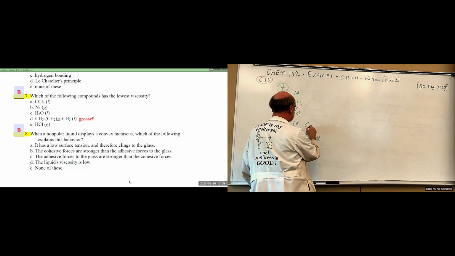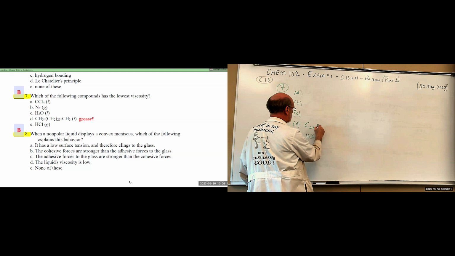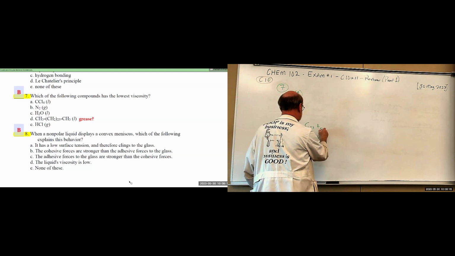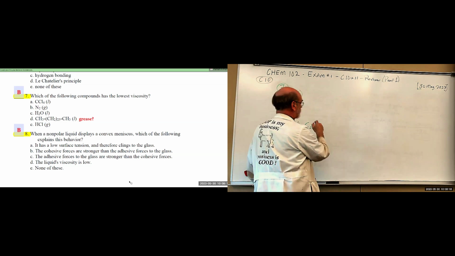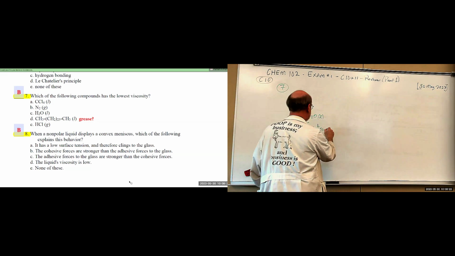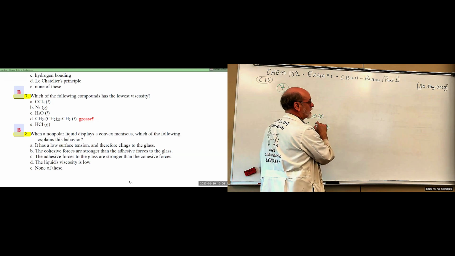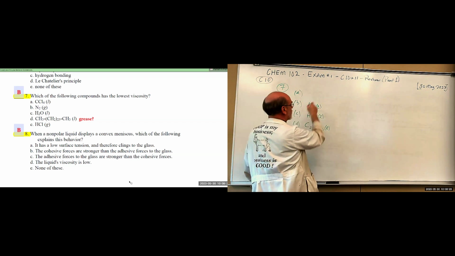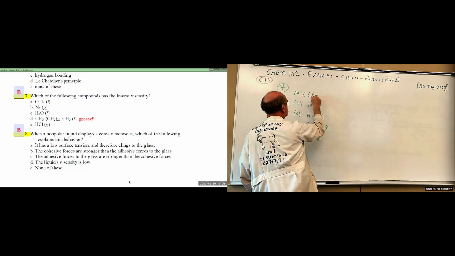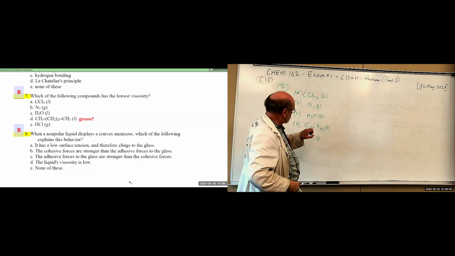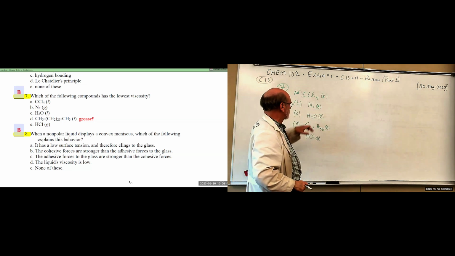This is 27 carbons and how many hydrogens? 56. And then water is a liquid. Let's see, this is a liquid also. And then this is a gas. And this is a liquid. Okay. So we've got a mixture, several types, gases and liquids.